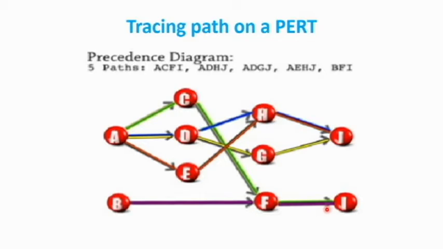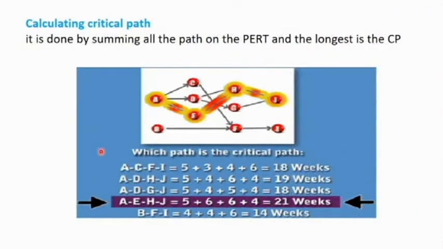This tracing of the paths on the PERT chart is very important, for that is what will permit you to calculate the critical path. Our video on activity will demonstrate. Calculating the critical path is done by summing all the paths on the PERT, and the longest is the critical path.